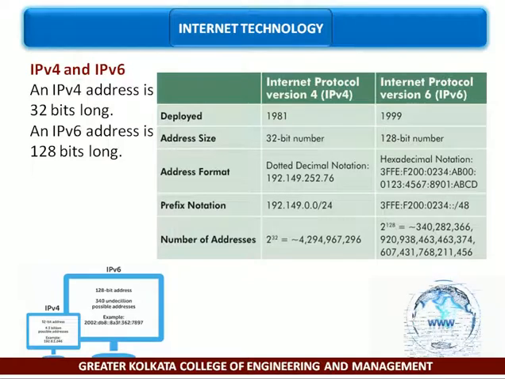Address depletion is still a long-term problem for the internet, so the long-term solution is IPv6, which is 128 bits long and uses hexadecimal colon notation. This is the format of the 128-bit hexadecimal notation.